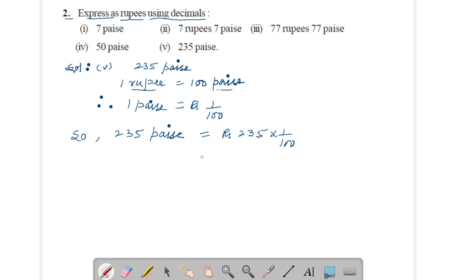Multiply it. You will get rupees 235 upon 100. Convert it into decimal. This can be written as rupees 2.35. This is your answer.